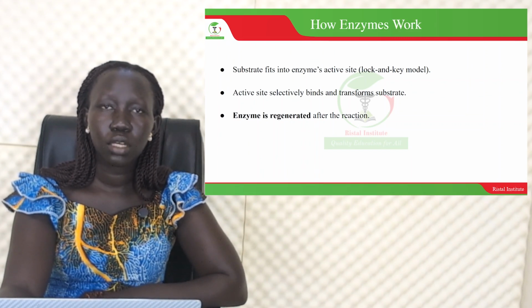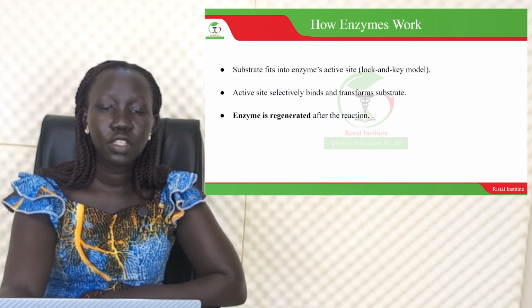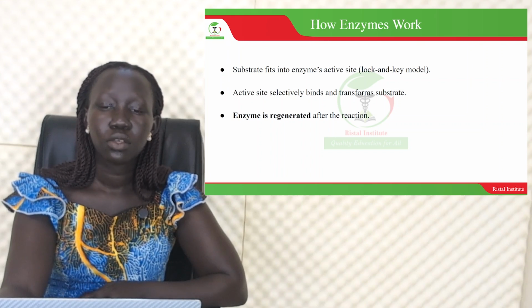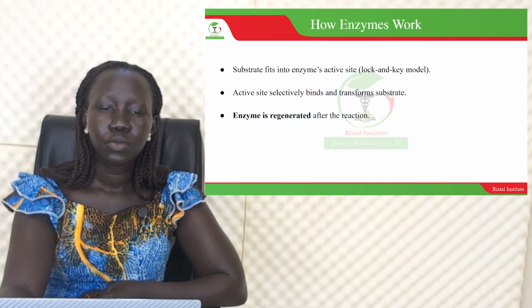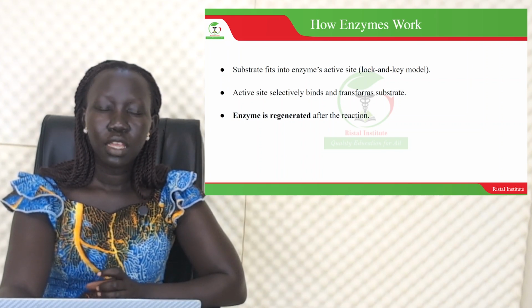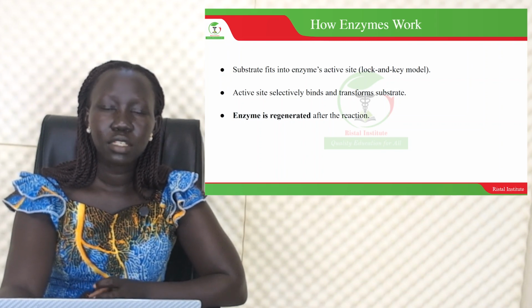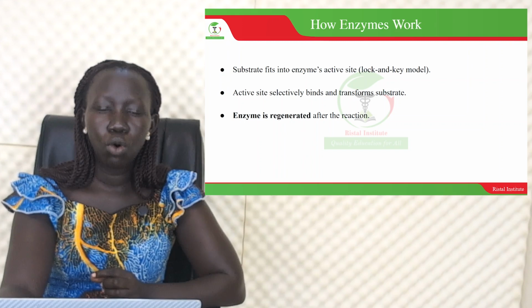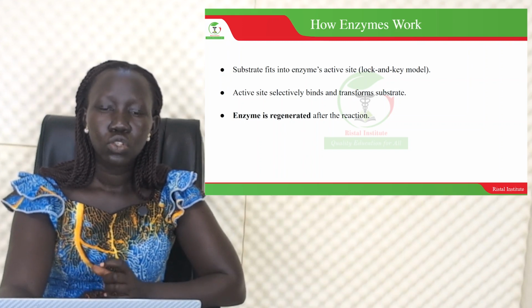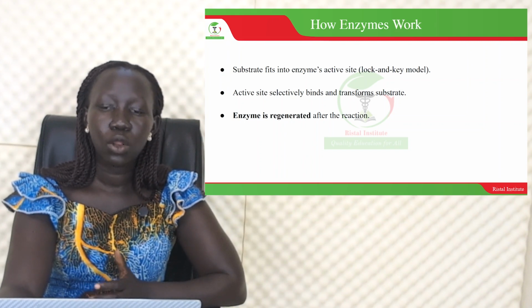How do enzymes work? The substrate fits into the enzyme's active site. We have the lock and key model, which suggests that for a substrate to fit into an enzyme's active site, the entry site should be shaped in a way that it matches the substrate, so that the substrate can enter into the active site like a lock and key.